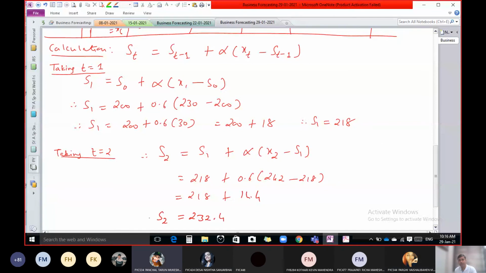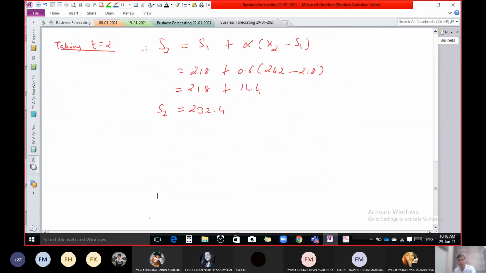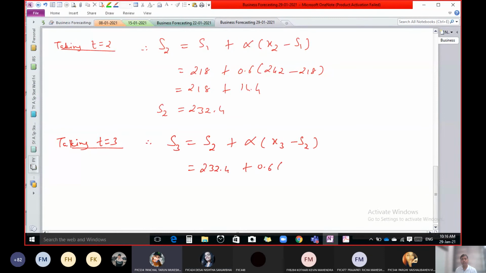232.4, correct. This is the value of S2. Now let us take t equal to 3. Tell me the formula for S3. S3 is equal to S2 plus alpha times (x3 minus S2). What is S2? 232.4. Alpha is 0.6.